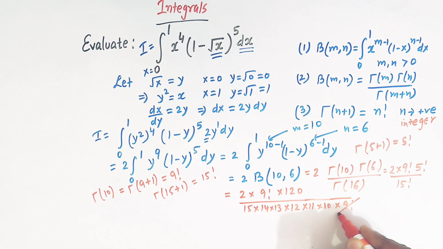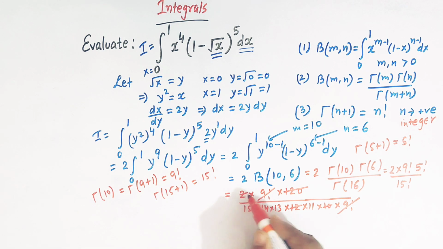So this 9 factorial and this 9 factorial get cancelled, and here we have 12 and here we have 10. 12 tens are 120, so this 12 and this 10 get cancelled, and here we have 2 sevens are 14.